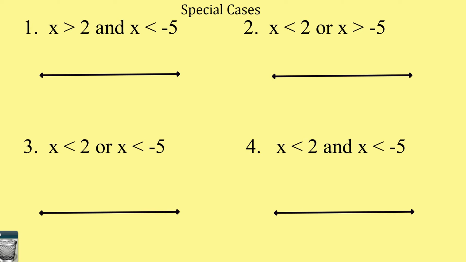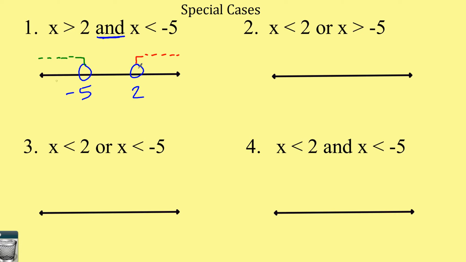So let's do number 1. We have 2 and -5, so -5 on the left, 2 on the right. It's an "and" statement, so we're shading what they have in common. Everything greater than 2, so to the right of 2, and everything less than -5, so to the left of -5.